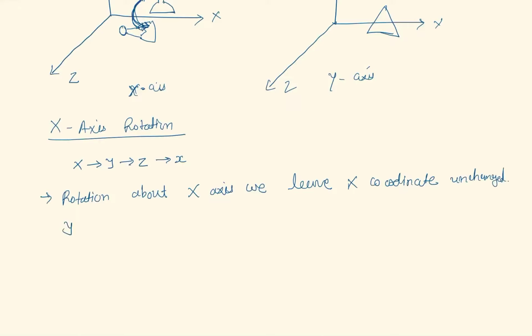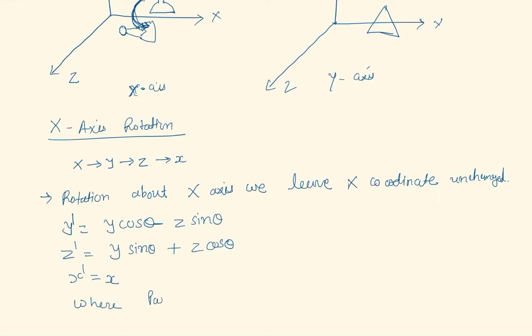So y dash is equal to y cos theta minus z sin theta, and z dash is equal to y sin theta plus z cos theta. So x dash is equal to x, where the parameter theta specifies the rotation angle.